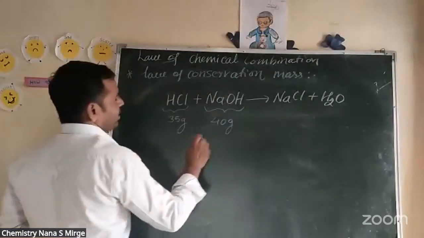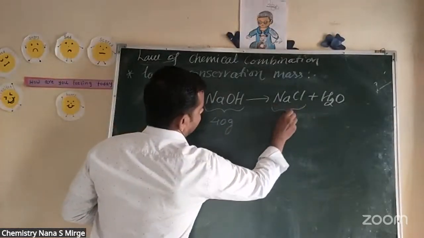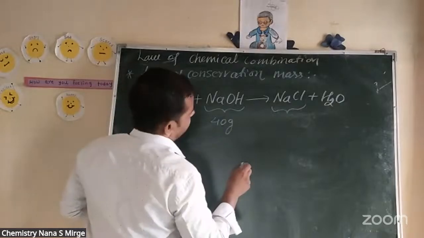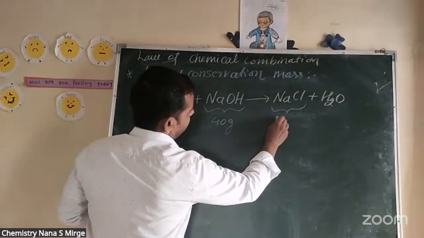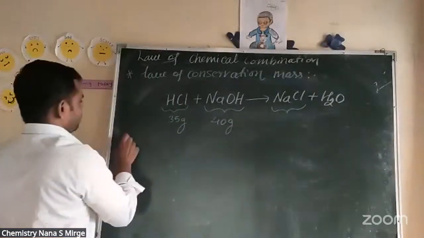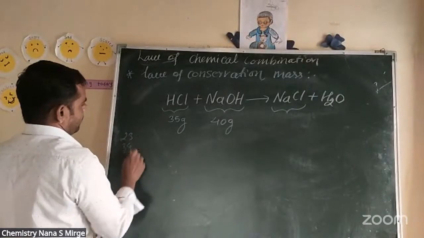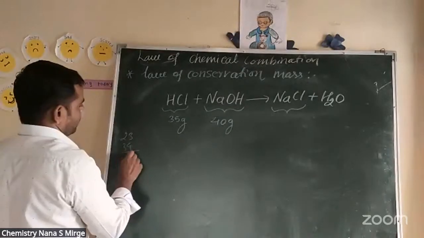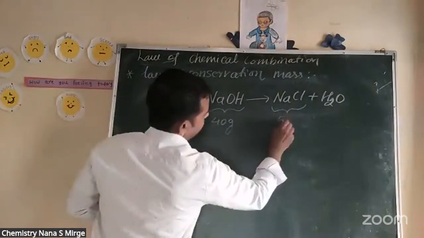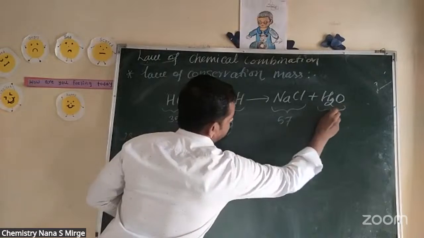And here NaCl: 23 plus 34, that is 57, and this one is 18.